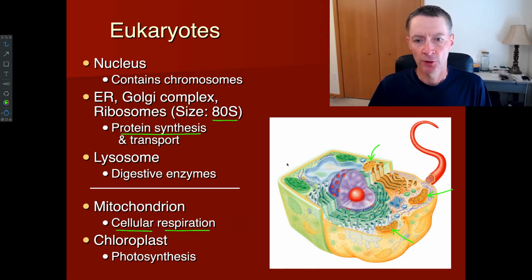And you're going to also see chloroplasts in plant cells. All right? And this is where photosynthesis occurs. Kind of the opposite process. With cellular respiration, there's oxygen being consumed and energy is being liberated.